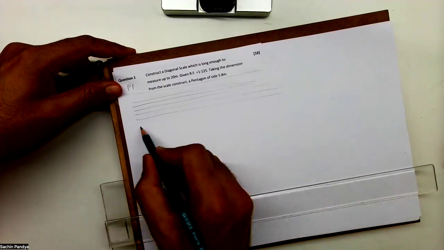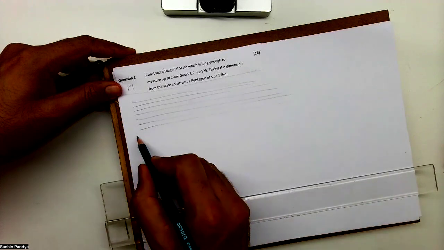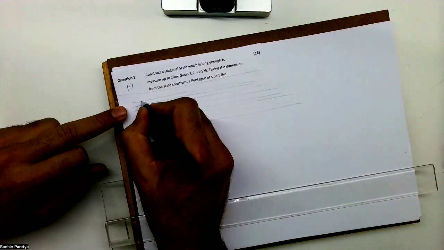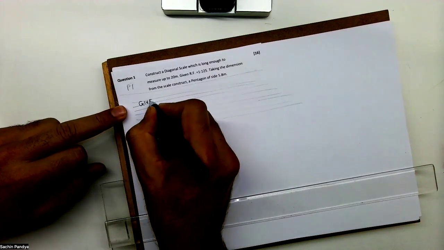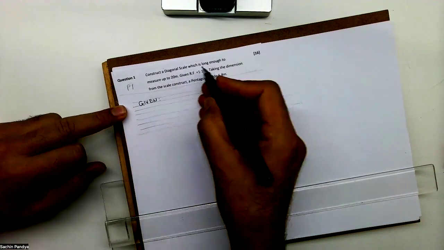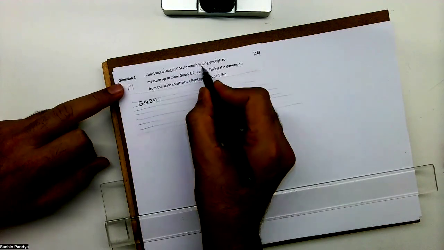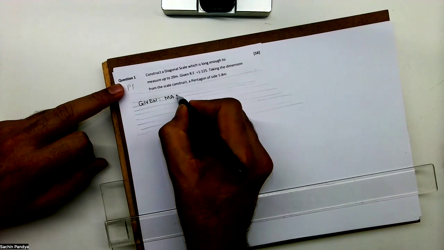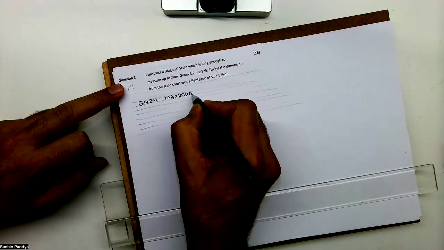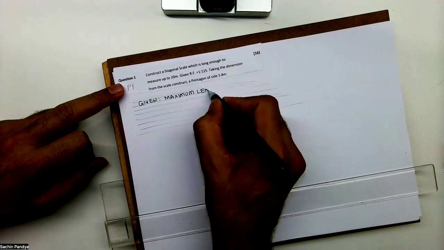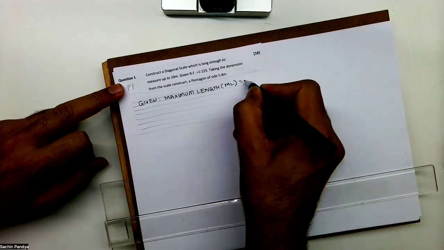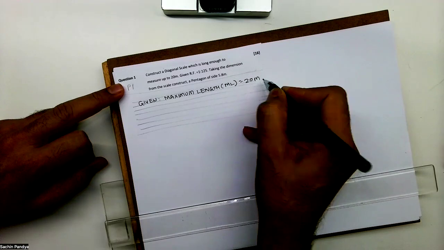I'll be drawing it rough. Okay, so first we'll write the given data. Remember, you have to write GIVEN in capital. What is given? A scale which is long enough to measure up to 20 meters. So what is that? Maximum length. Maximum length is 20 meter, right?